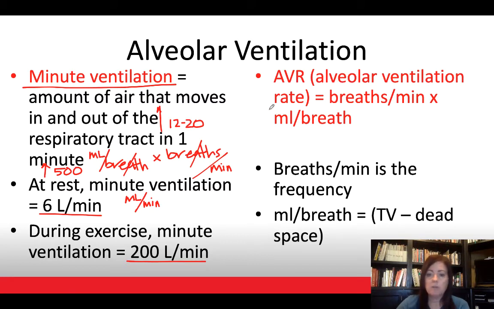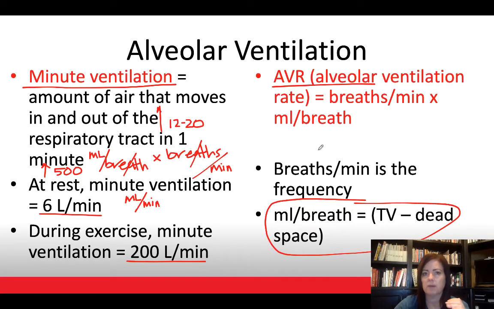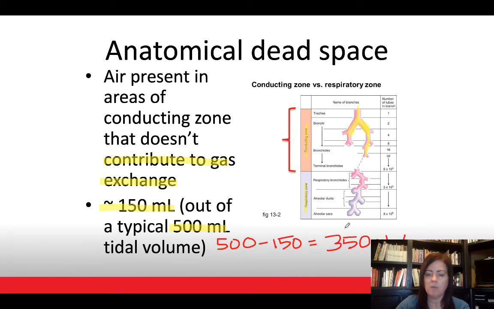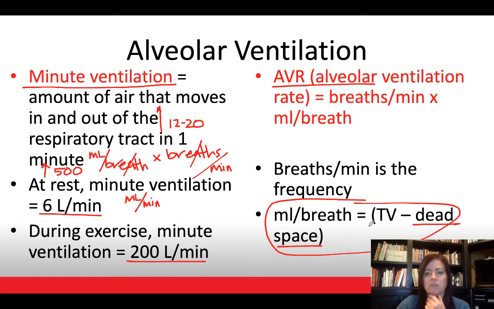Now we can actually get a little more specific with this, and we can tease out our alveolar ventilation rate. And this is the same thing, except we are just taking into account that dead space. Okay, so we still have breaths per minute, and we're still calculating milliliters per breath, but what we're doing is we're actually subtracting out that dead space, just like we did before. So if I back up one, it would be using the calculation with that 350 instead of 500.